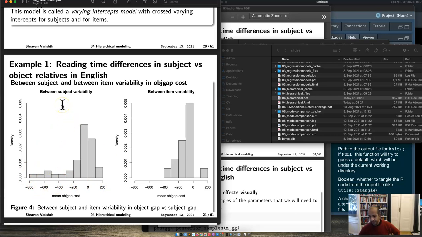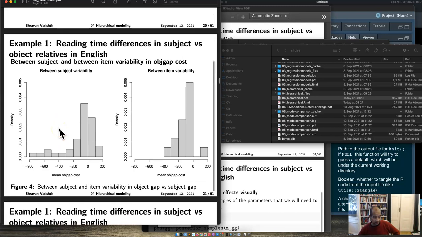This is usually the case. Subjects vary a lot. They bring the most sources of variance into the model, because there are a lot of individual differences between subjects, right?